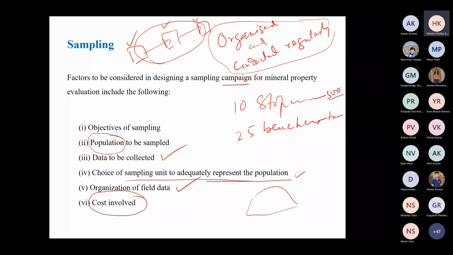Understand this? Yes, sir. So you have to decide. You may not require these 3, only these 2. This may be more representative of all the 3. So this population needs to be sampled. You take a small amount from this population only.